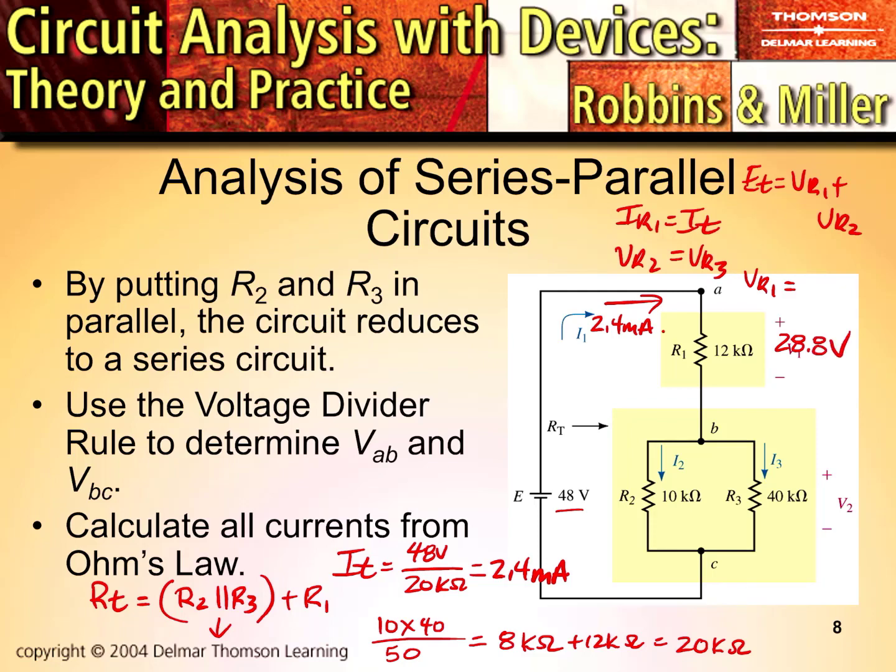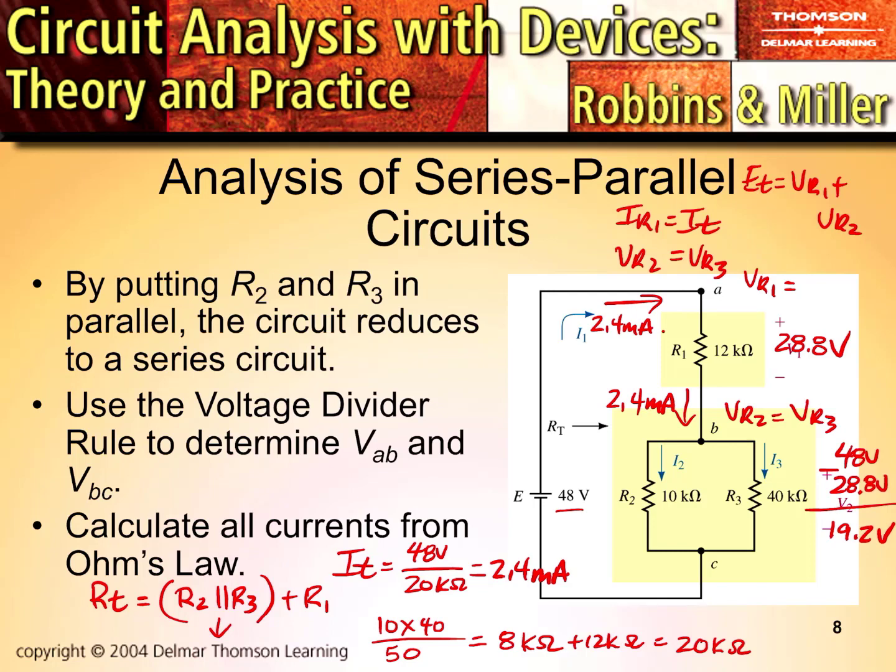And so now, if we're looking at our VR2 equaling VR3 value, that can be determined simply by subtracting our 28.8 volts from our 48 volt source. So that's 48 minus 28.8 gives us 19.2 volts.